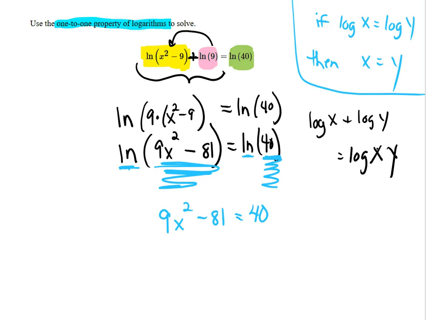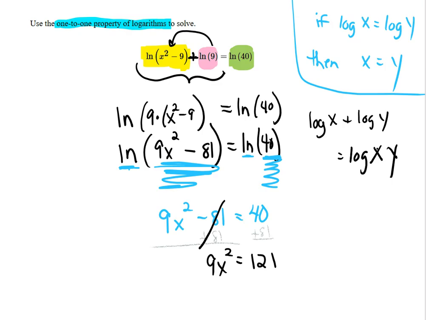I know there's an x squared which makes it quadratic, but the minus 81 and the 40 are like terms, so I am going to add 81 to both sides. That cancels out, so I get 9x squared is equal to 121.